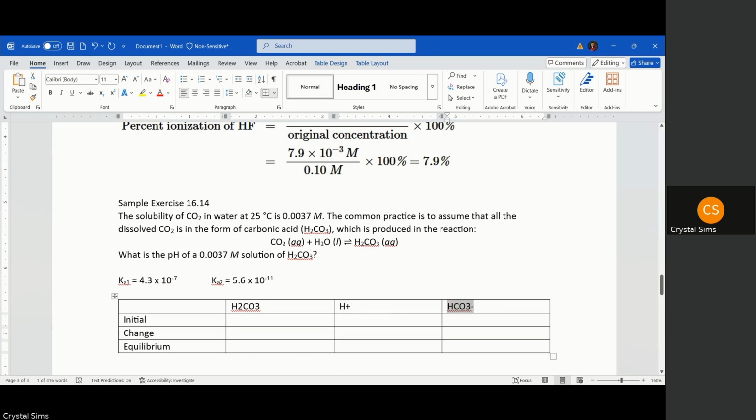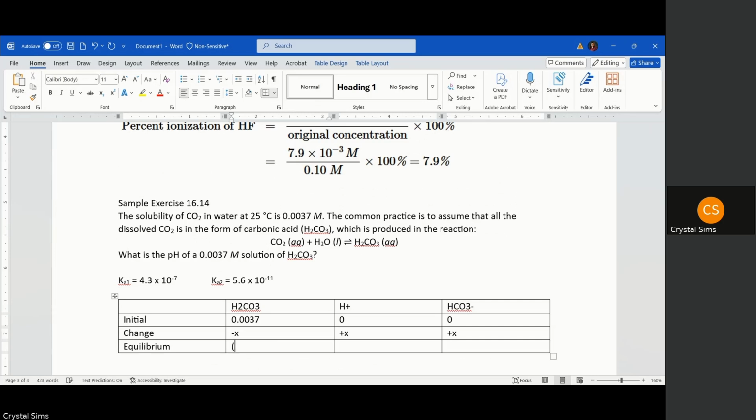All right. I've been given my initial concentration right here, so I'm going to go ahead and plug that in. I know that these are both 0, and I know they're going to change by some number x, and that's going to decrease by x.